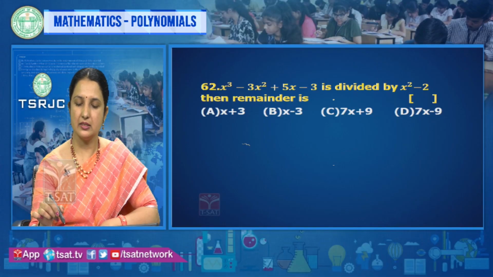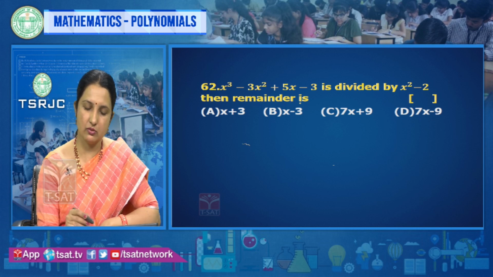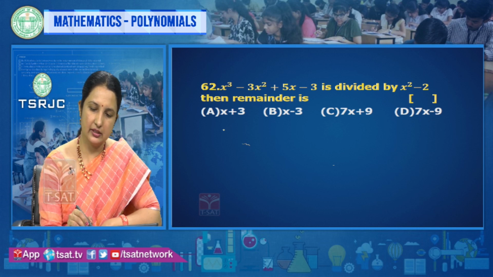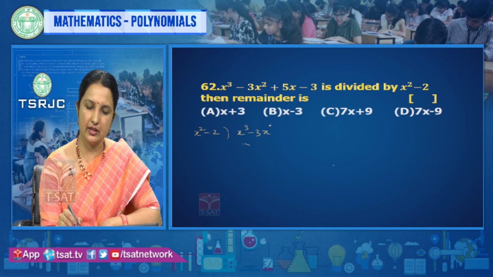x cube minus 3x square plus 5x minus 3 is divided by x square minus 2. Then what is the remainder? We have to find out. So divide x cube minus 3x square plus 5x minus 3 by x square minus 2.